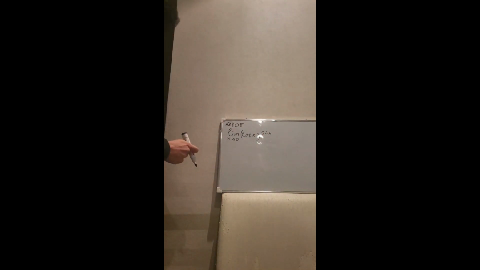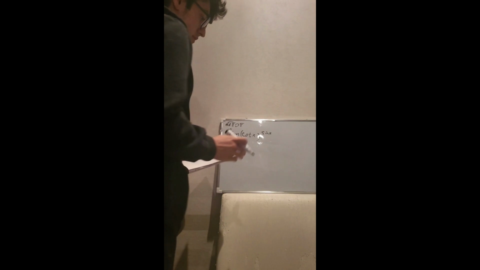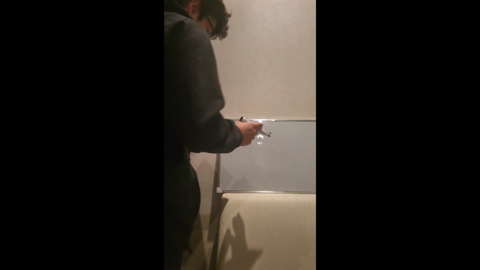So firstly, we have to check whether this is an indeterminate limit or not. So we're going to write limit x approaching 0, cosine x over sine x, power of sine x.